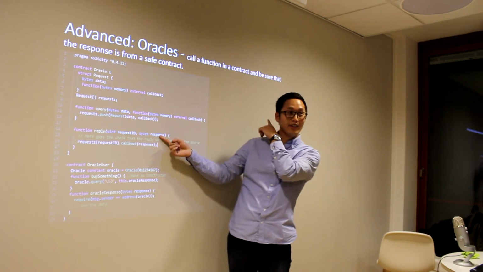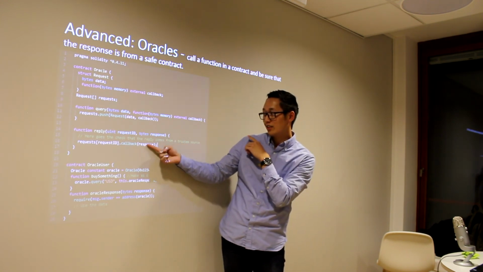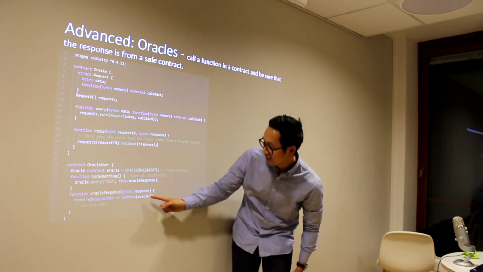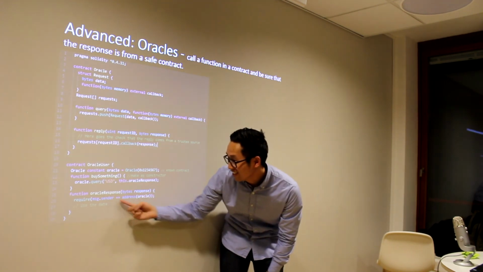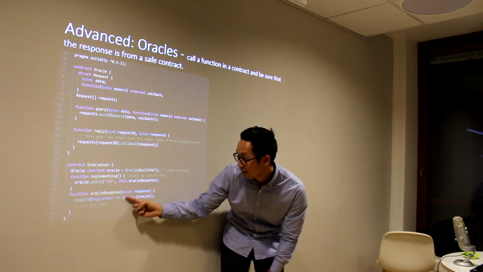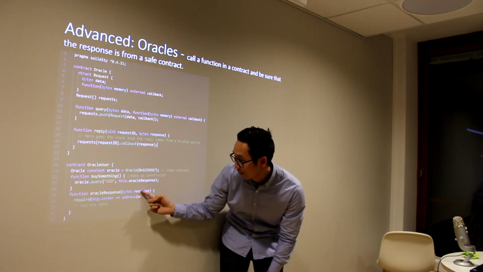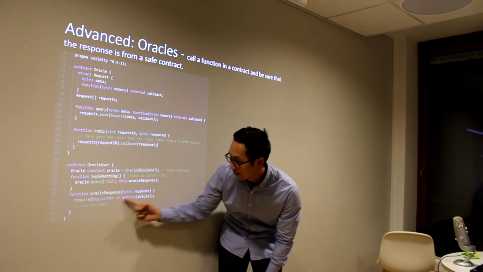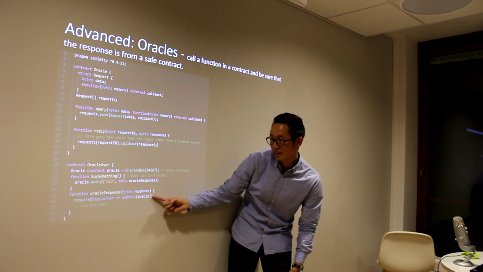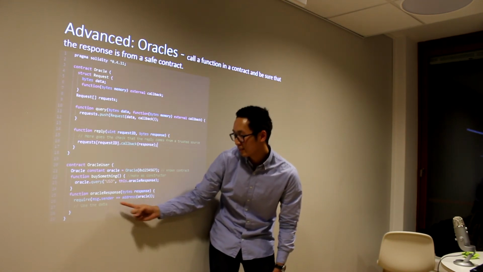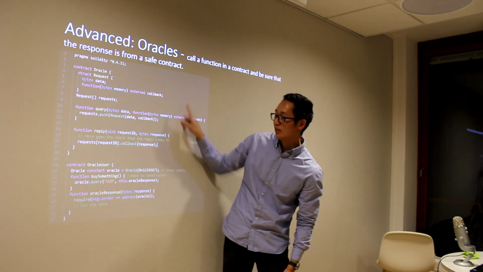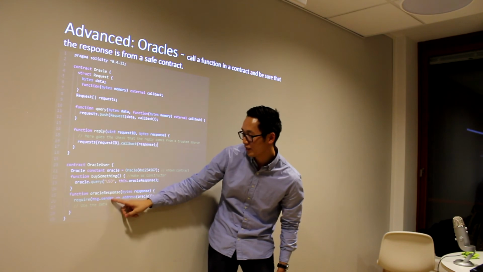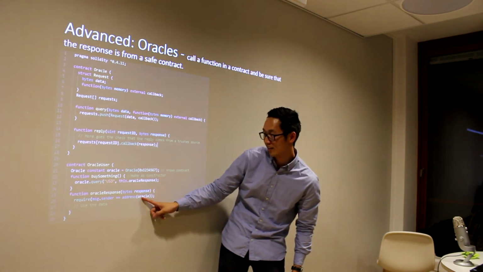The real-world guy will come with the ratio, and the ratio will end up here, and then you have the ratio in this function. But first, before you can use this ratio, there is a require here, as you see, and the require checks that the message sender, the one who sent to use this Oracle response, is the Oracle.